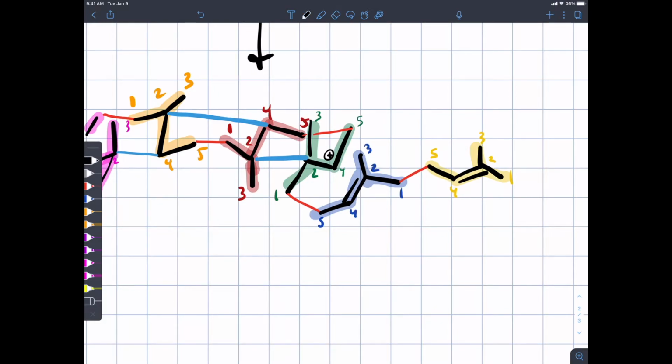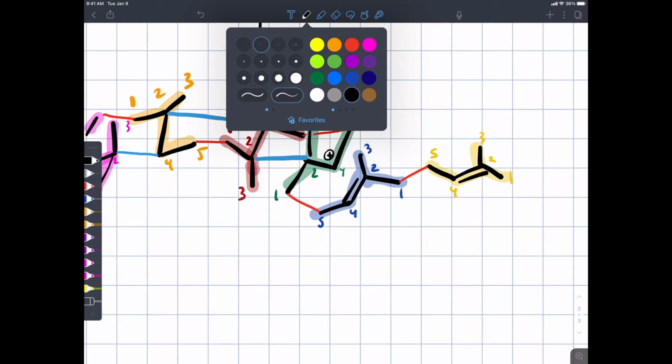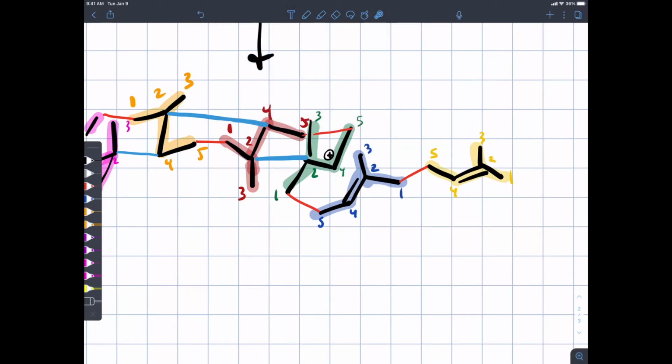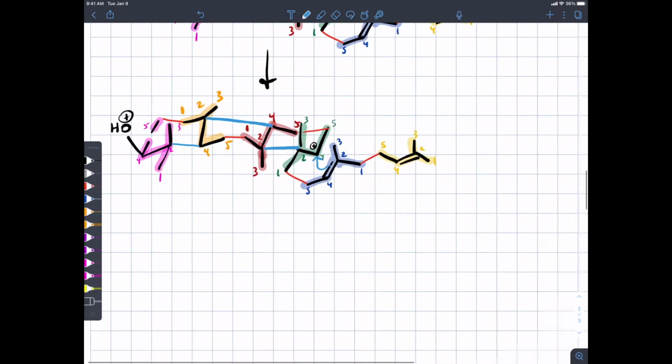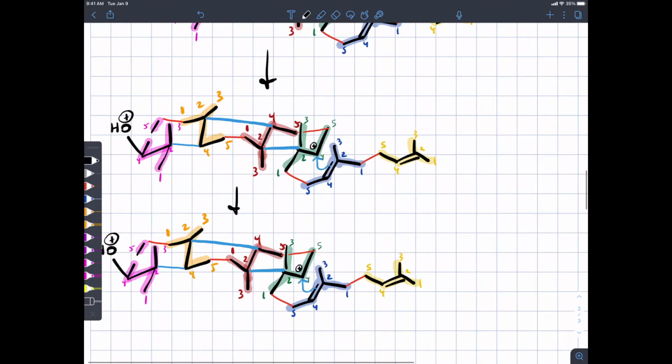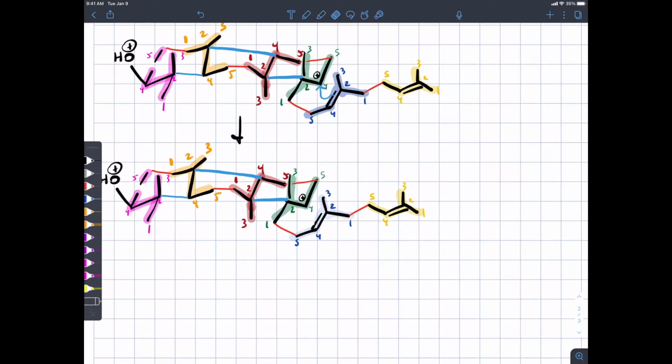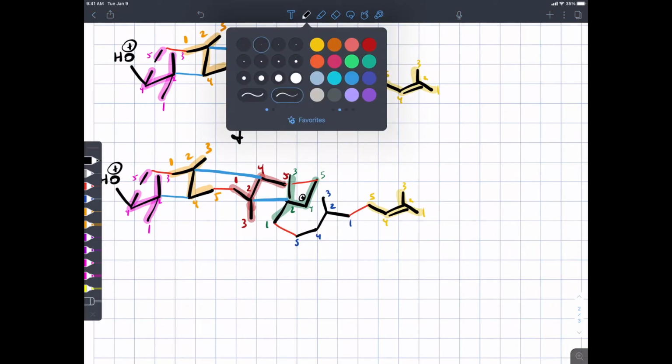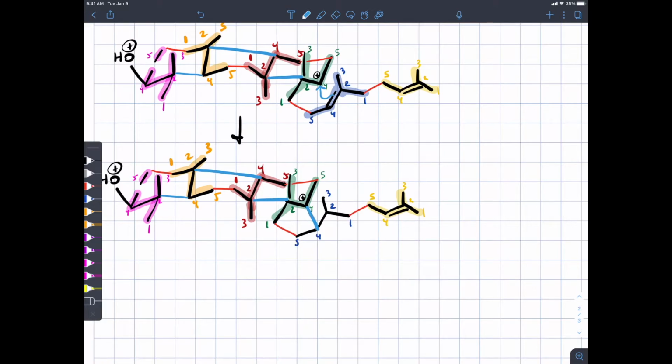Now, why? Again, nature could have chosen something else at this stage. Nature could have chosen to have 2 attack to give a 6-membered ring. I don't know why, other than the enzyme makes it go this way. So the new bond we make is here, 5-membered ring, with a positive charge on carbon 2.